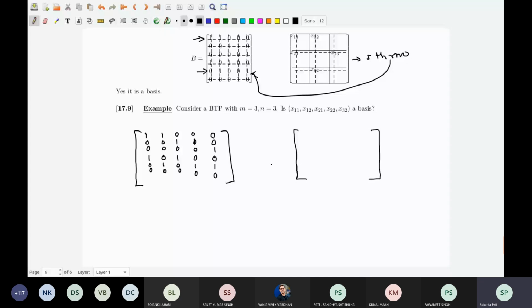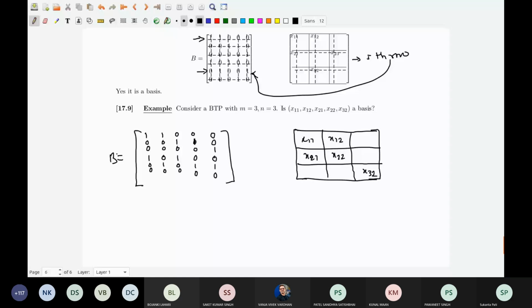So I have highlighted x11, x12, x21, x22, x32. In the matrix way, it says you should find a row that has exactly one 1.